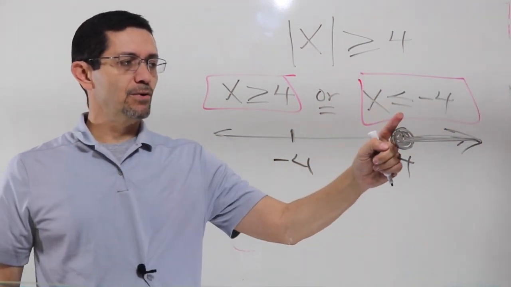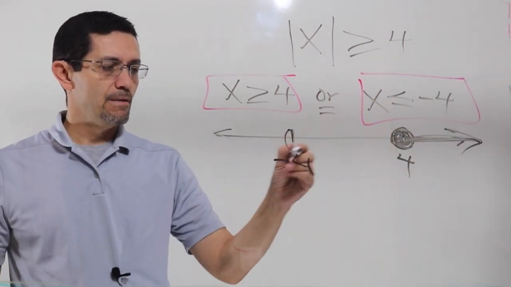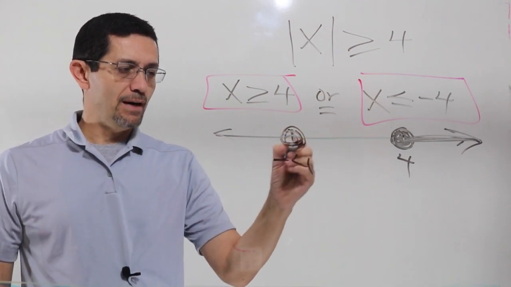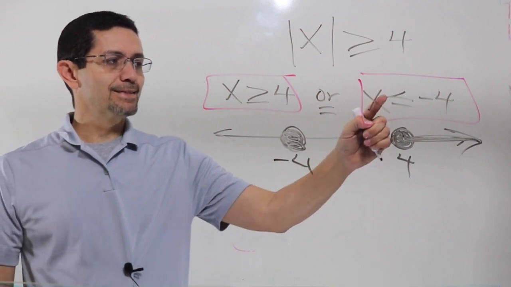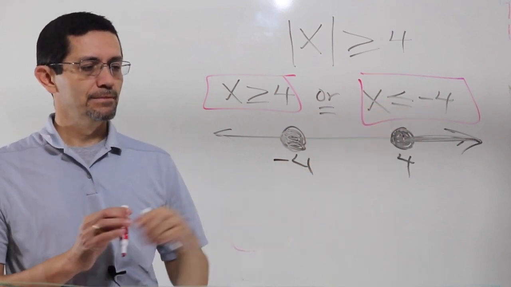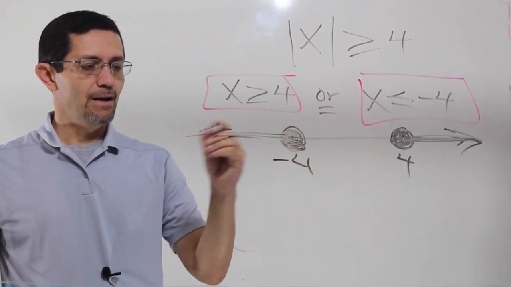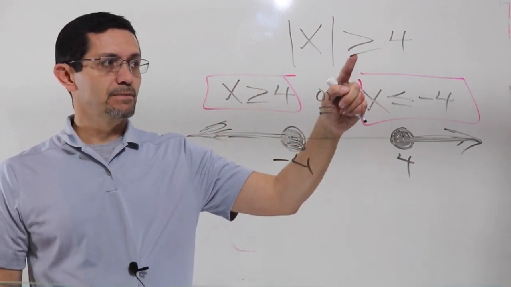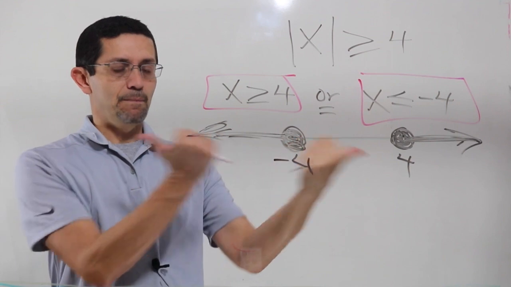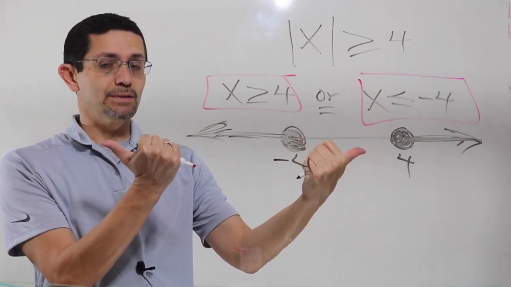X is less than or equal to -4. Closed dot or shaded or solid dot. X is less than -4. Less than is to the left side. Every time we have an "or" inequality, a greater than, my graph is going to point in opposite directions.